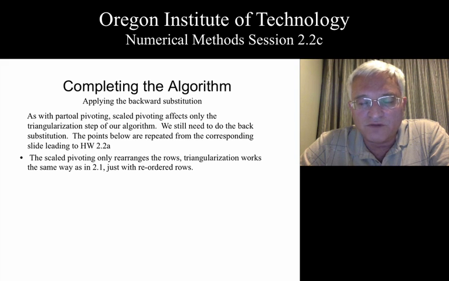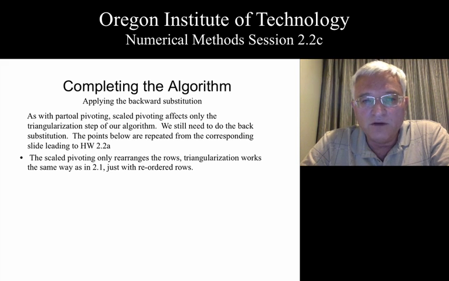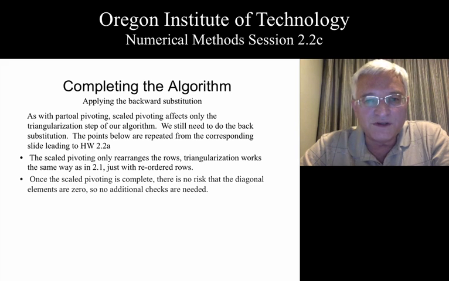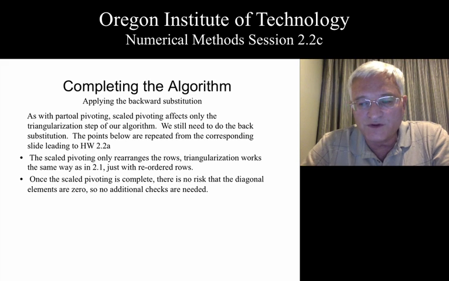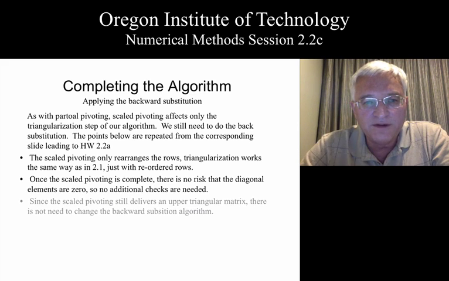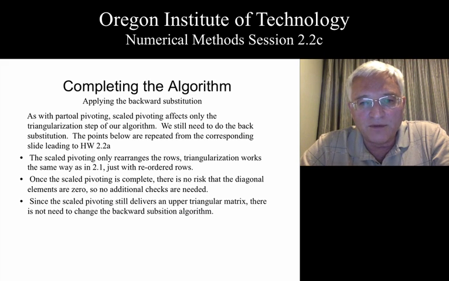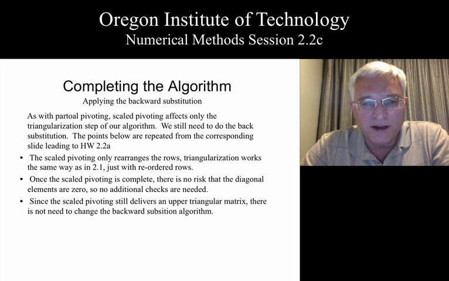We swap the rows that produce the largest scaled value in the diagonal, and then we triangularize in the same way we did with 2.1. Once the scaled pivoting is complete, you don't need to worry about any diagonal elements being 0, unless of course the system was singular to begin with, and we deliver our upper triangular matrix, all prepared for the normal backwards substitution.